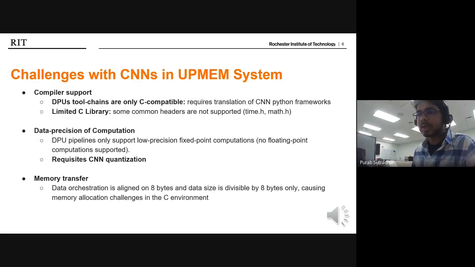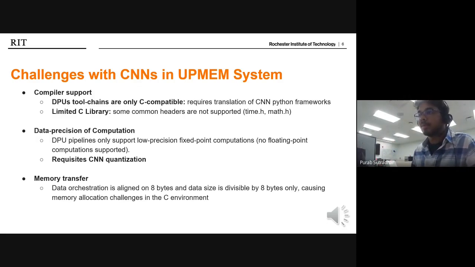The next thing we had to do is quantize the data precision of all the operations, because DPUs support only low precision fixed point operations such as 8 or 16 bit computations. At this moment, no floating point is supported. So we essentially had to convert the floating point into fixed point.